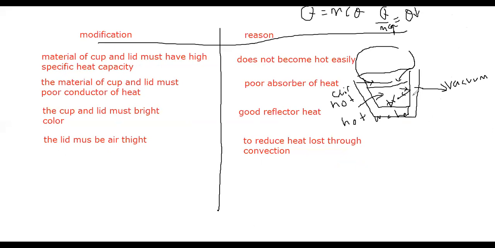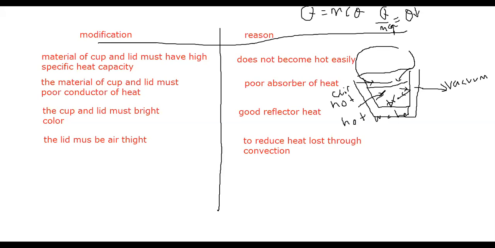Radiation cannot be prevented, it can still radiate out. But if there is air, the air causes heat to be lost through conduction and convection. With a two-layer vacuum, the heat cannot be transferred out through conduction and convection.